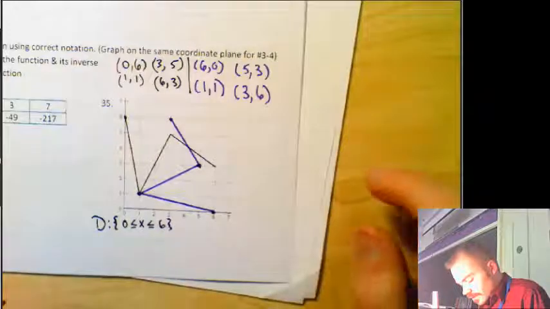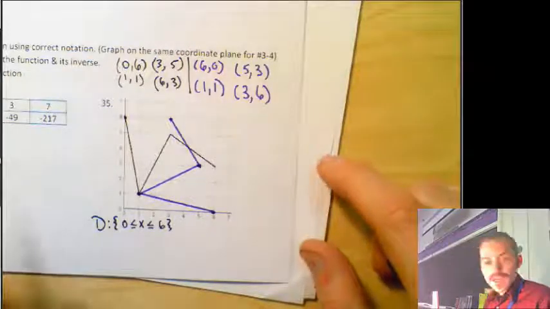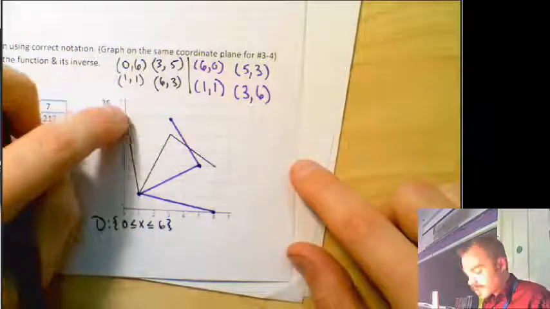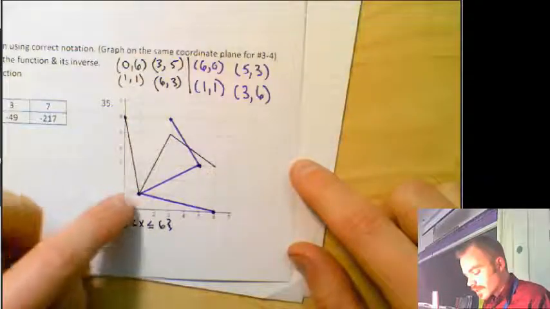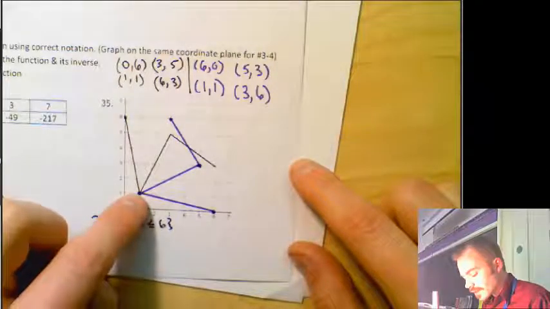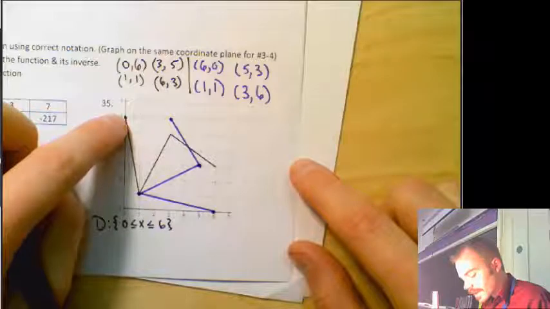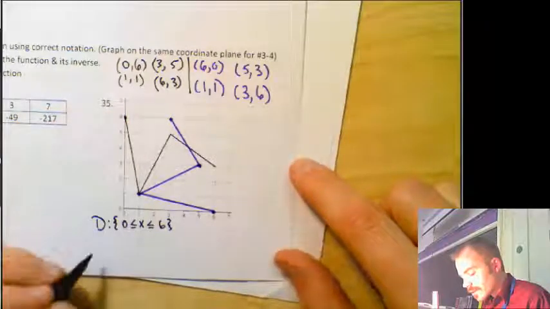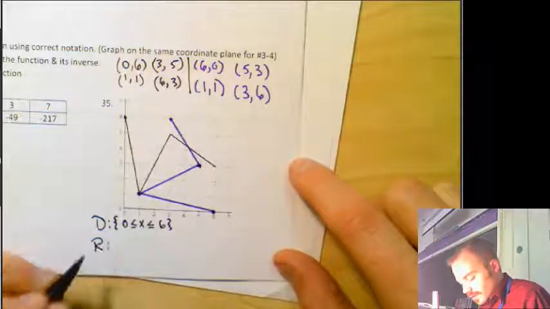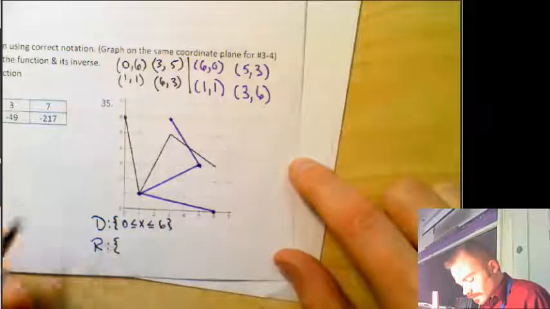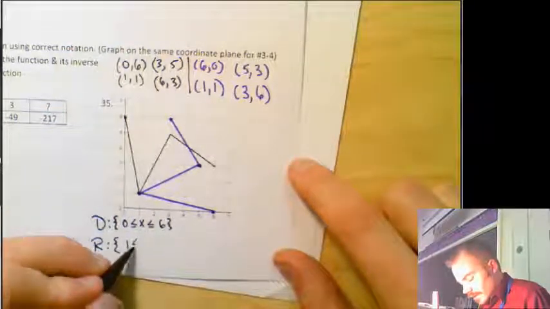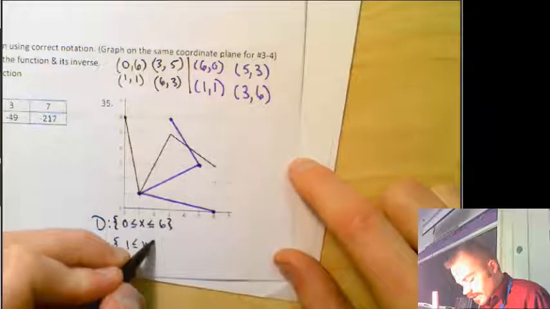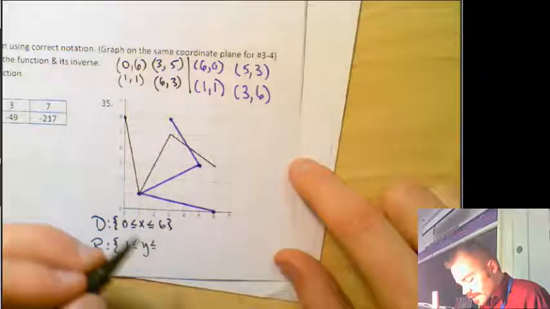The range of my function is how tall the function is. So the black line has a low point of 1 and a high value of 6. So the range is 1 ≤ y ≤ 6.